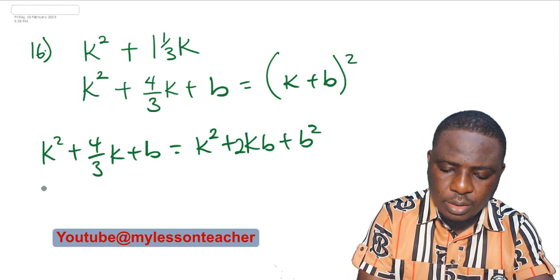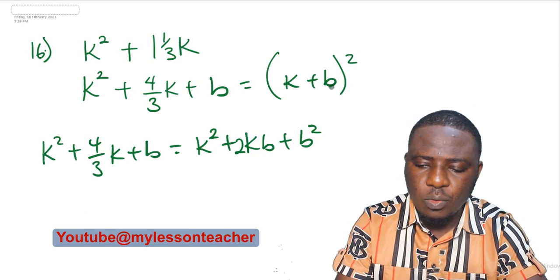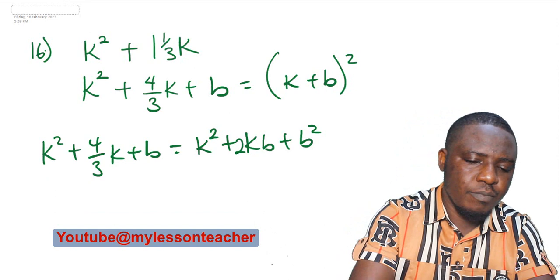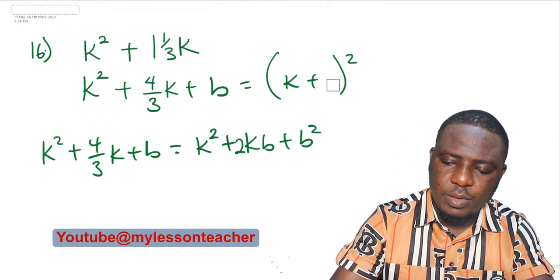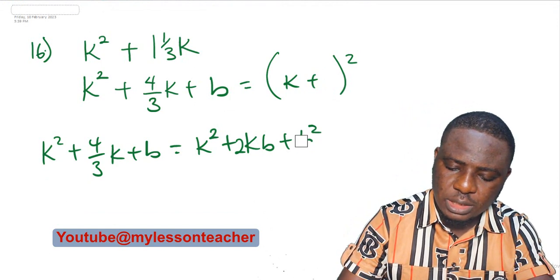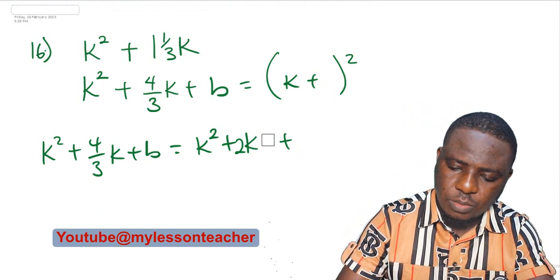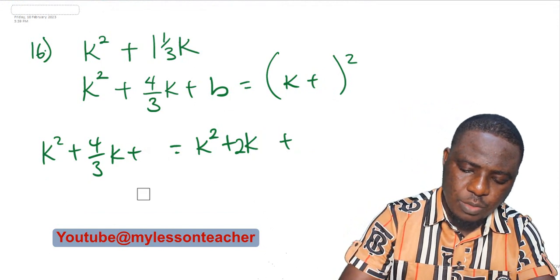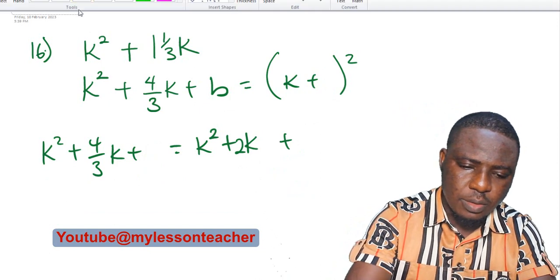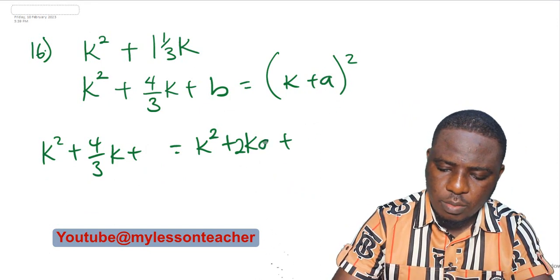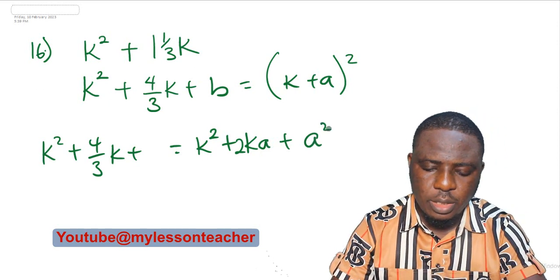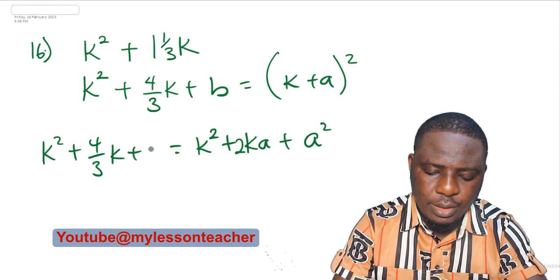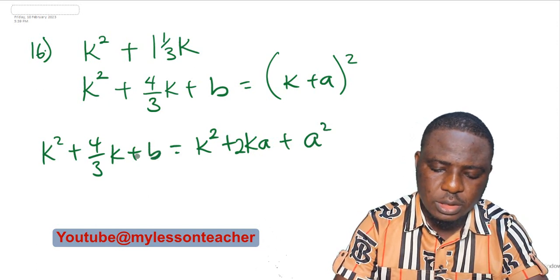So by comparing coefficients, okay, we shouldn't have used b here, but rather another constant term. So this should not be b. Let me use a. So plus a, and plus a squared.